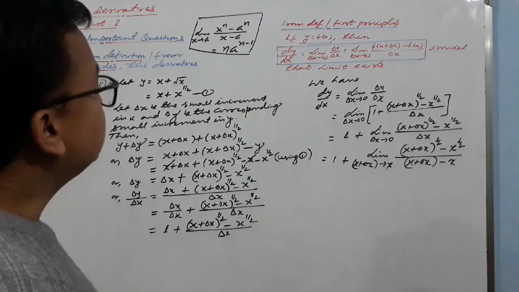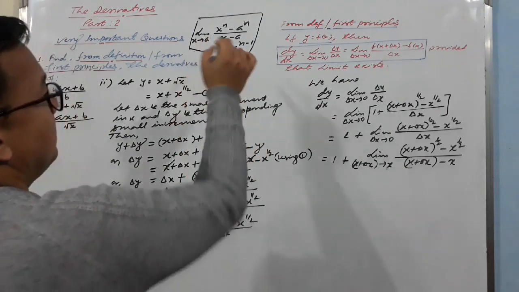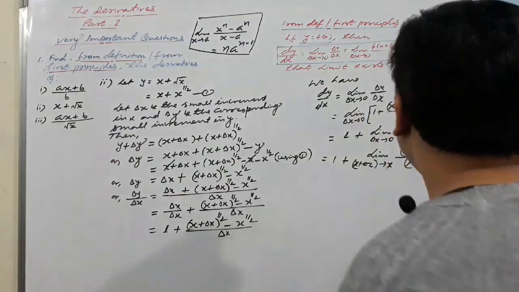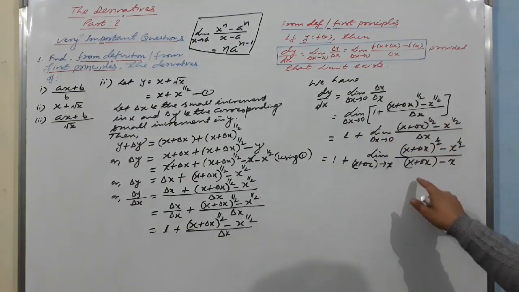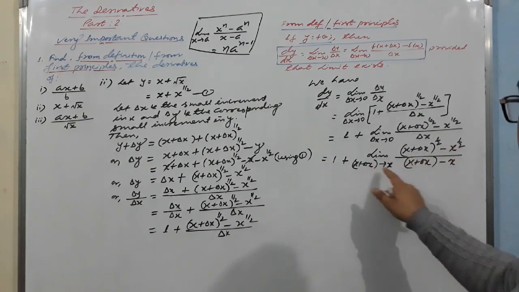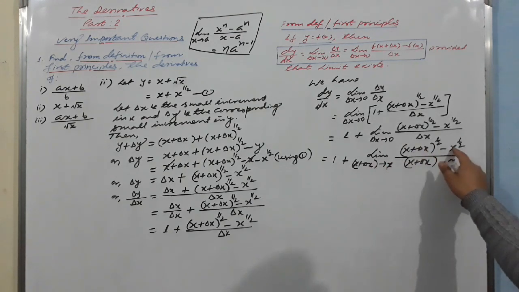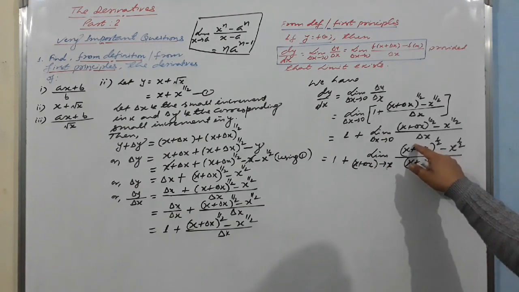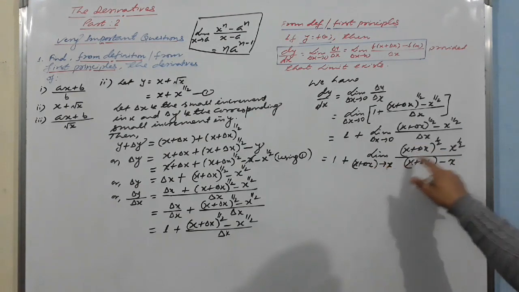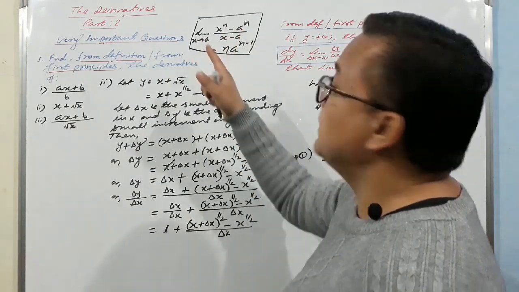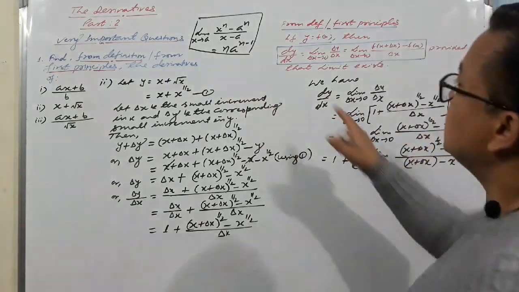Especially to use this formula, or limit theorem, I have converted this expression into this form. This should be the same, and here x minus a, right? So exactly this one is in this form.